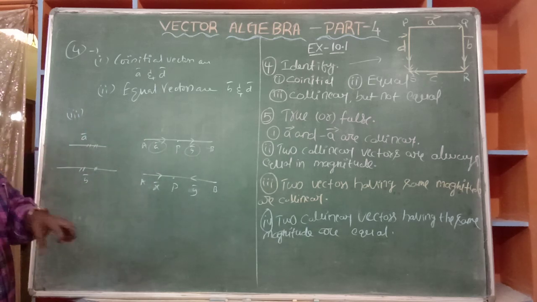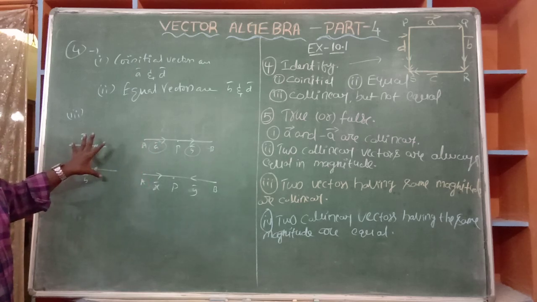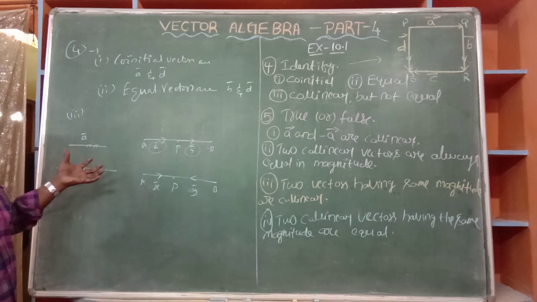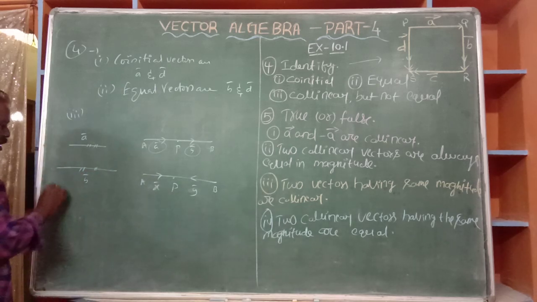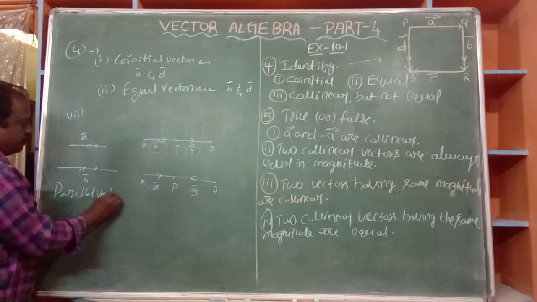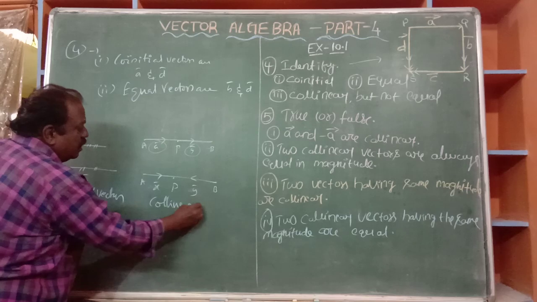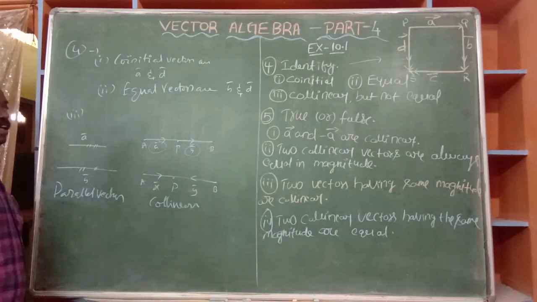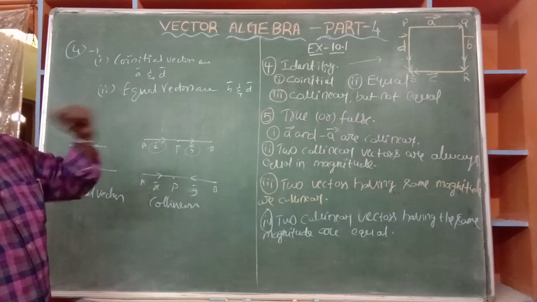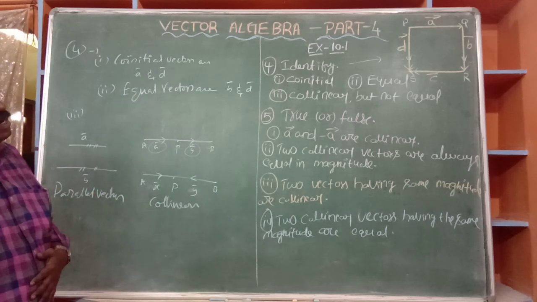But in our syllabus, only collinear vectors are given, not parallel vectors. I want to distinguish the difference. These are parallel vectors. This is a collinear vector. Okay, now, by seeing the diagram, where are the collinear vectors?